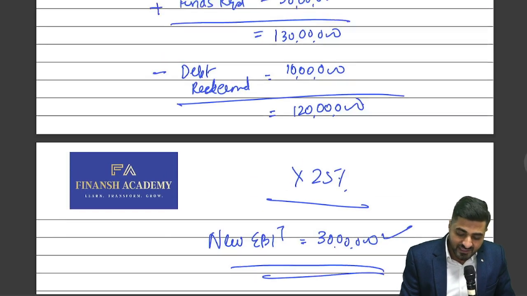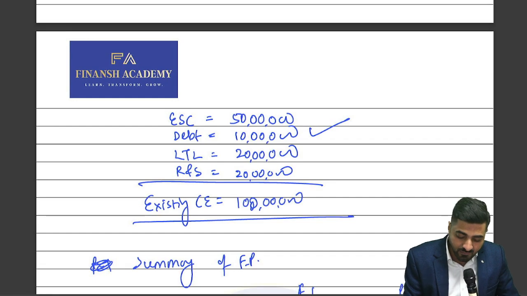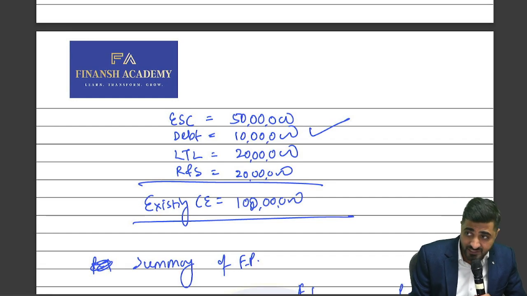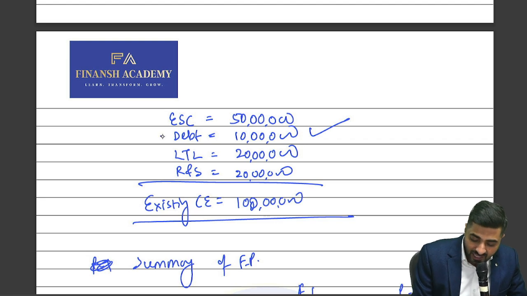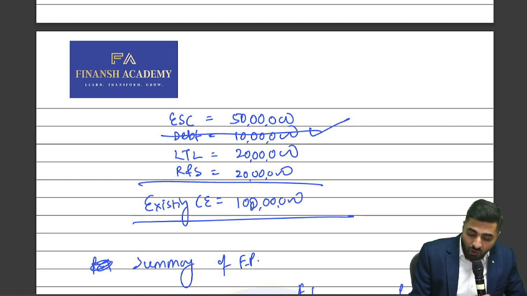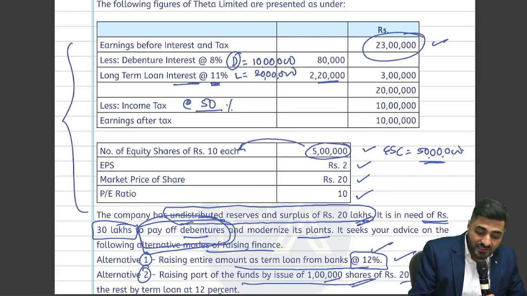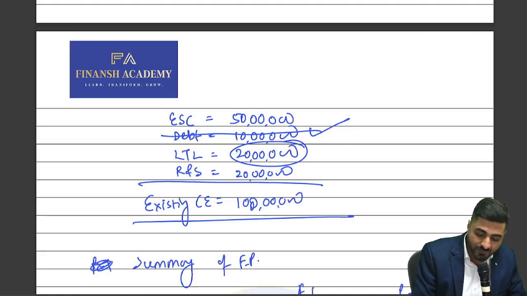Now from this 30 lakhs, what I need to subtract is the amount of interest. Is the existing capital structure having some loans? Yes or no? Yes, sir. But in this, have I already paid off some loan? How much amount of loan have I paid off, beta? 10 lakhs I have paid off. So now how much loan do I have? 20 lakhs. So the new interest will only come on this 20 lakhs. What's the rate of interest which is given to you? 11%.